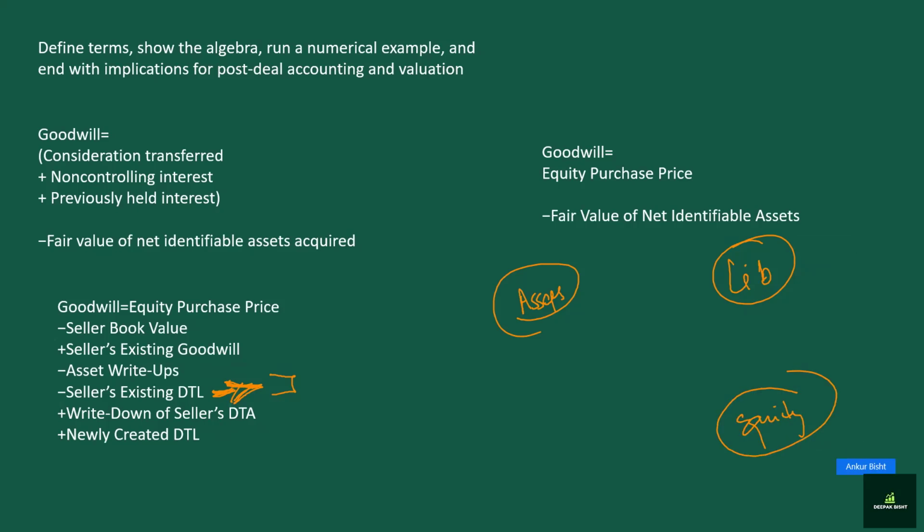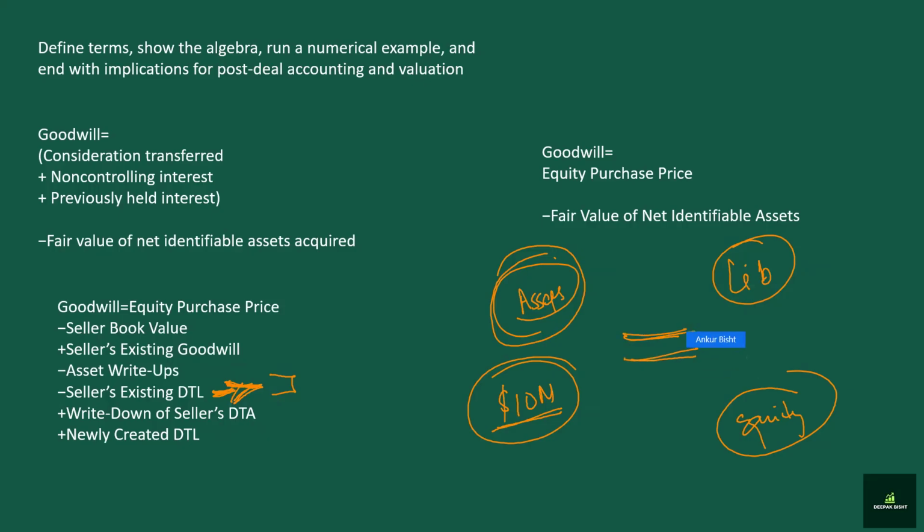So once you have acquired a company, let's assume $10 million of goodwill you have created. You also need to balance your balance sheet. So this is going to impact your liabilities and equity because assets should equal liabilities plus equity.